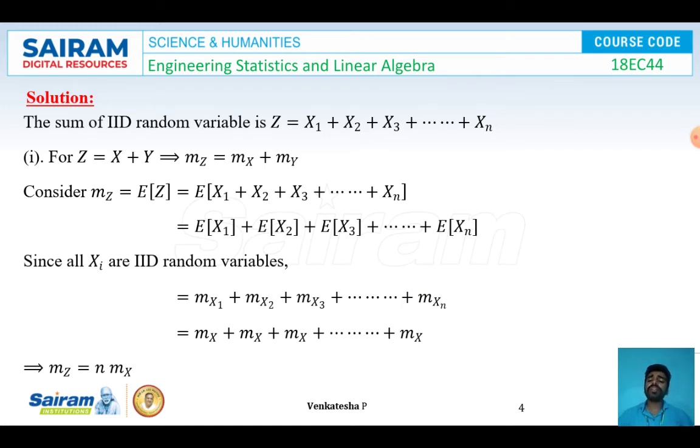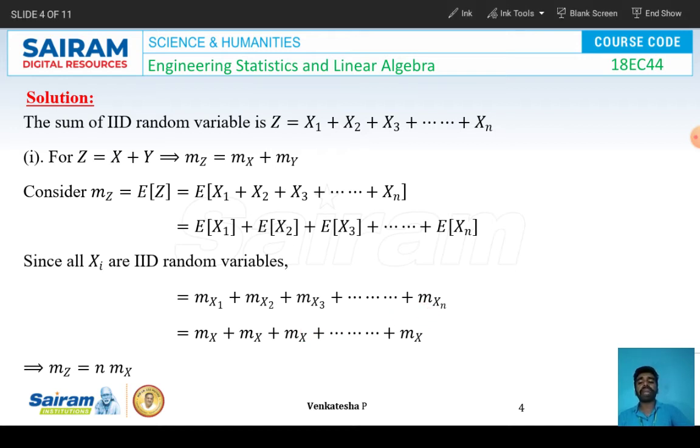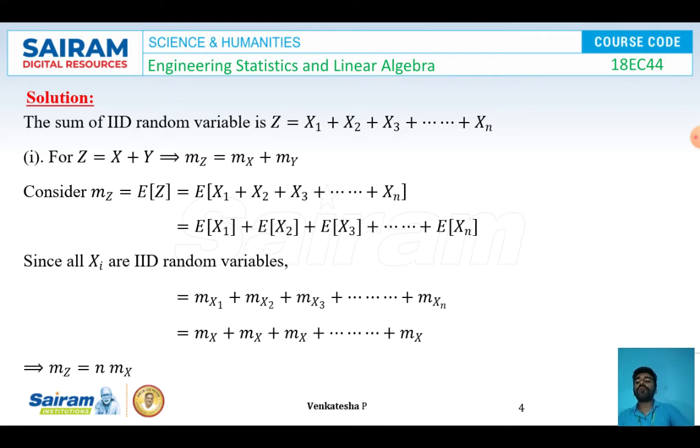Now, since all these xi's are independent and identically distributed random variables, I can replace all this x1, x2, x3, etc. with x. That is, mean of x1 will be equal to mean of x, mean of x2 will be equal to mean of x, mean of x3 will be equal to mean of x, and mean of xn will be equal to mean of x. So I have mean of x for n times. Hence I got mean of z is equal to n times mean of x.